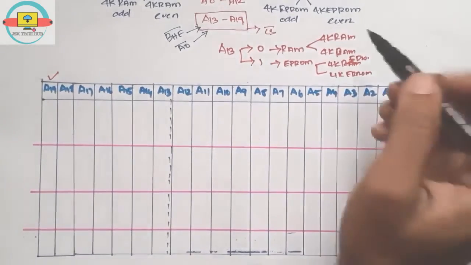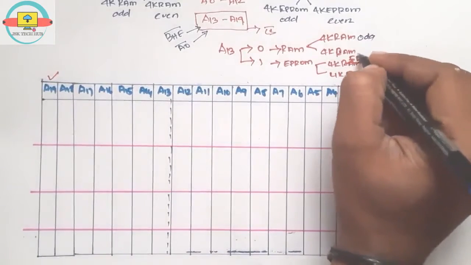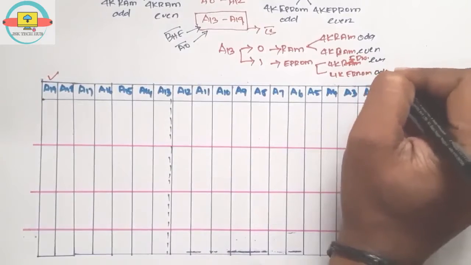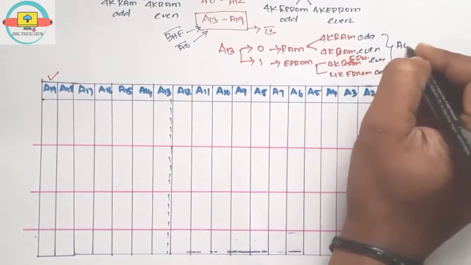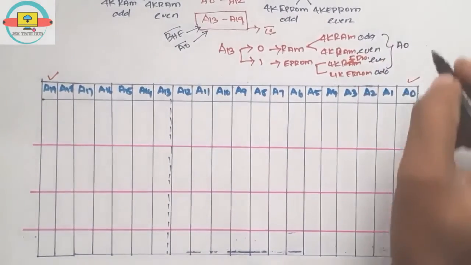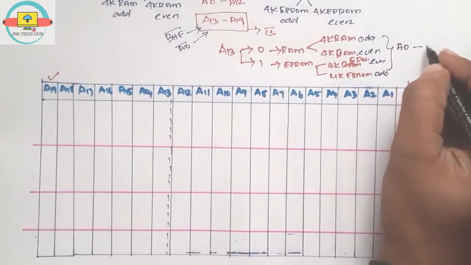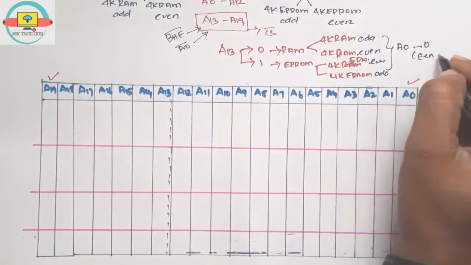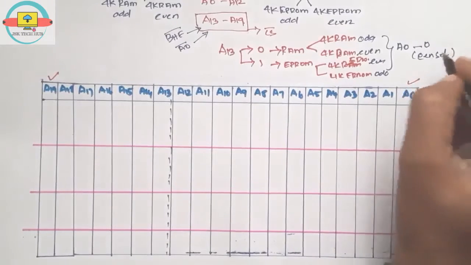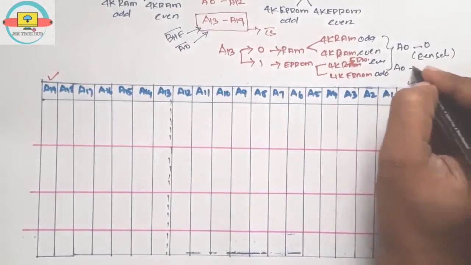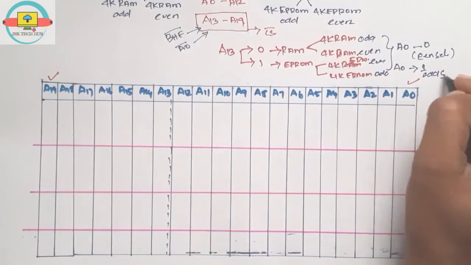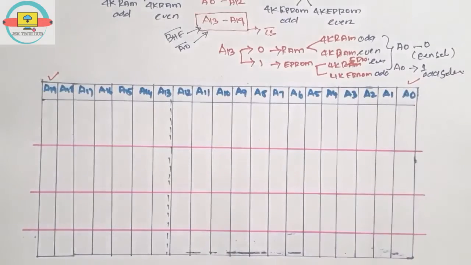To select the 4K odd bank and even bank, we are going to use the A0 signal. Suppose A0 is equal to 0, the even bank is selected. Suppose A0 is equal to 1, the odd bank is selected, with respect to the RAM and ROM type memory.